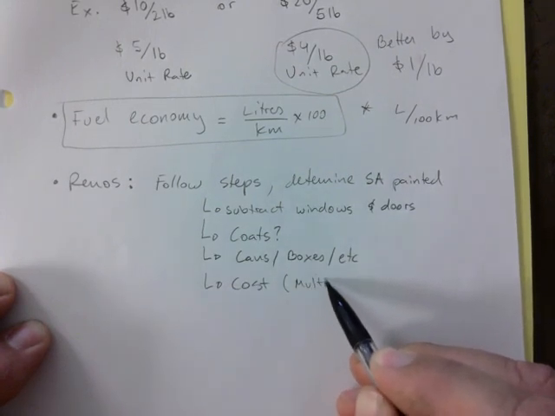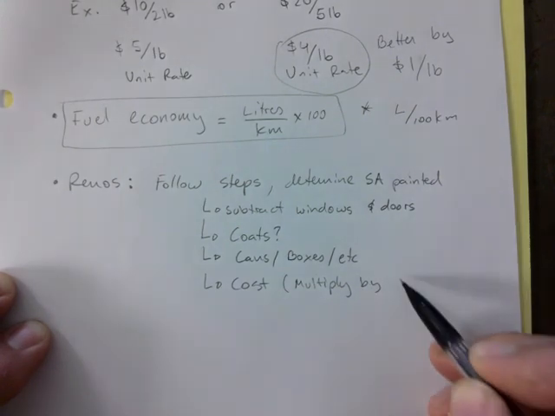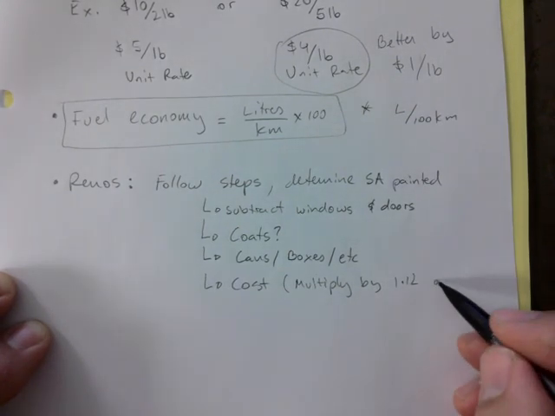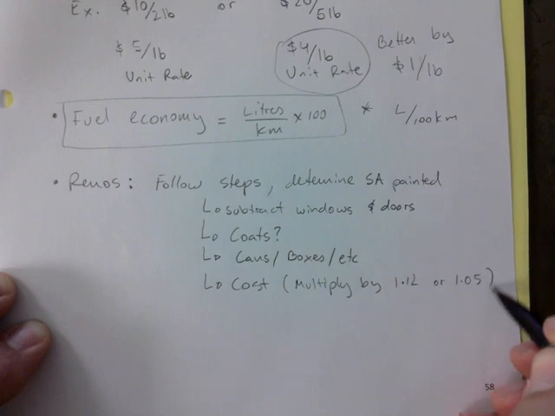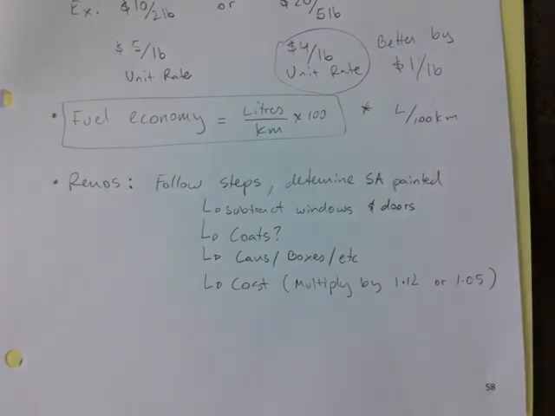Multiply by 1.12 or 1.05, depending on what is asked. I'll be very specific: only GST, only 5%, and you know it's 1.05. If it says just taxes, then you just assume it's 12%, so times 1.12. So make sure you know how to do that.